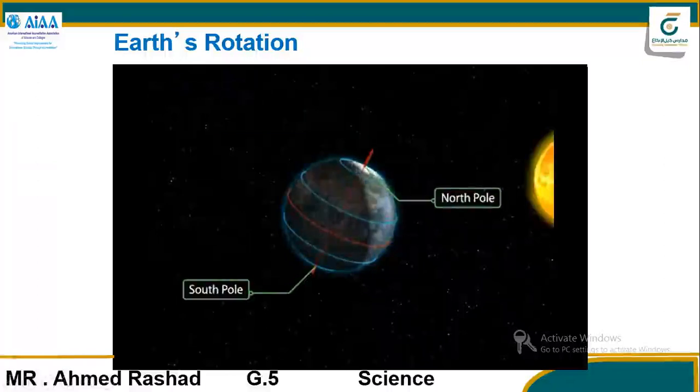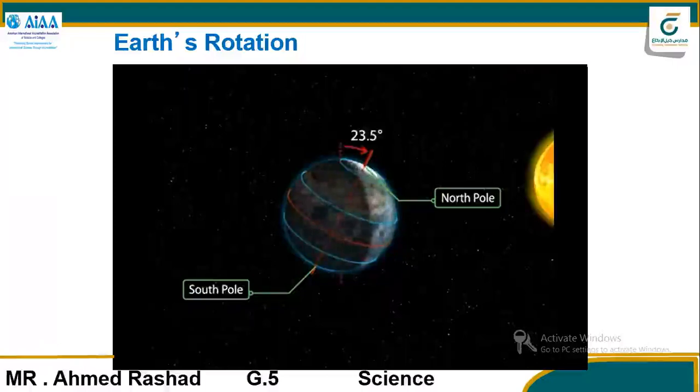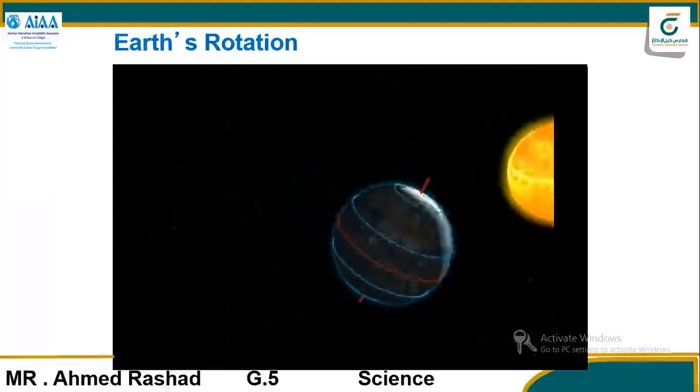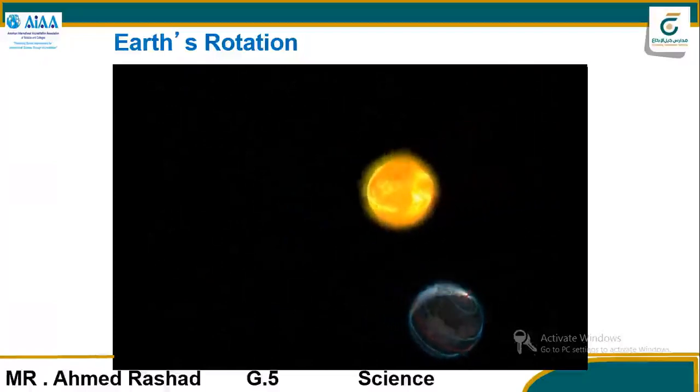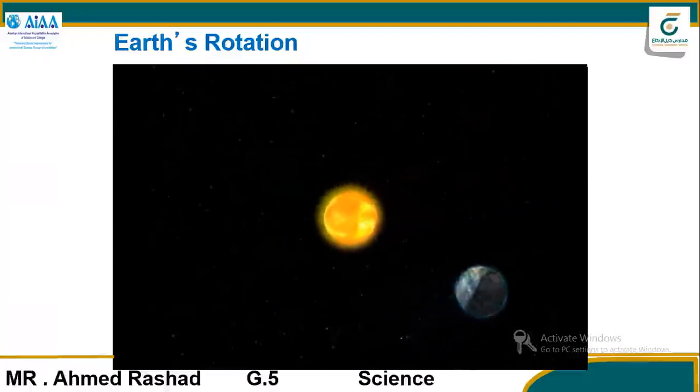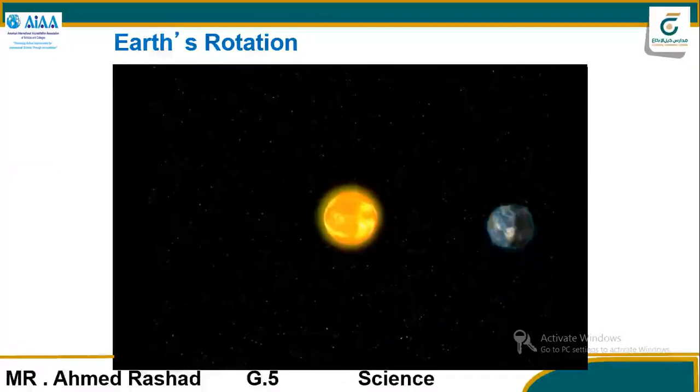Both the axis and the Earth are tilted at an angle of 23.5 degrees during a revolution. The tilting of the axis results in direct sunlight falling on different places during different seasons. This causes variations in the duration of days, nights, and seasons.